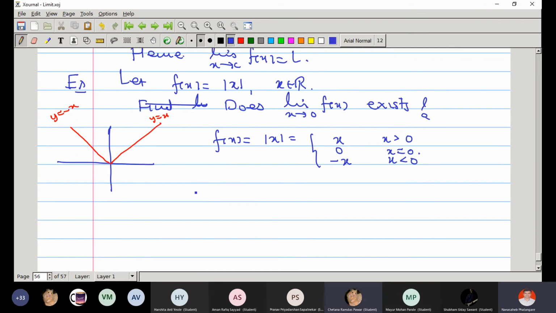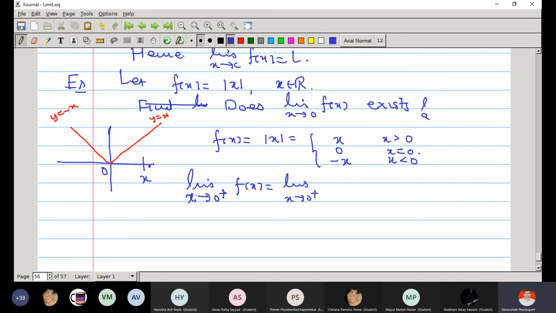Yes, sir. Now what is the limit of this function? So limit x tends to 0 from the right side. First we approach from the right side. So we are approaching 0 from the right side, which means x is on the right side of 0. On the right side, what is the function?